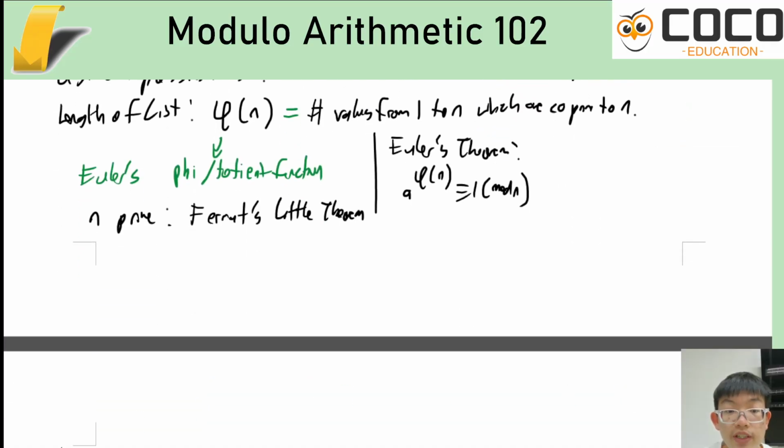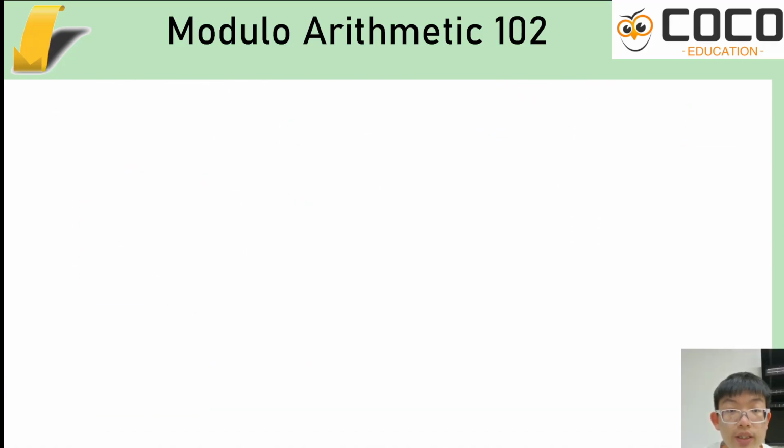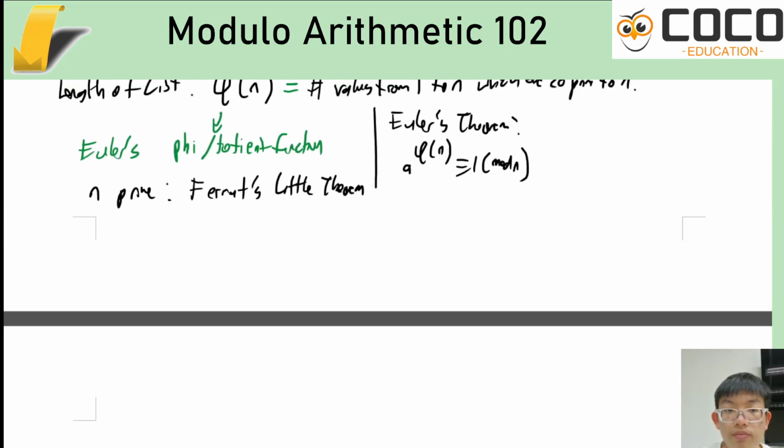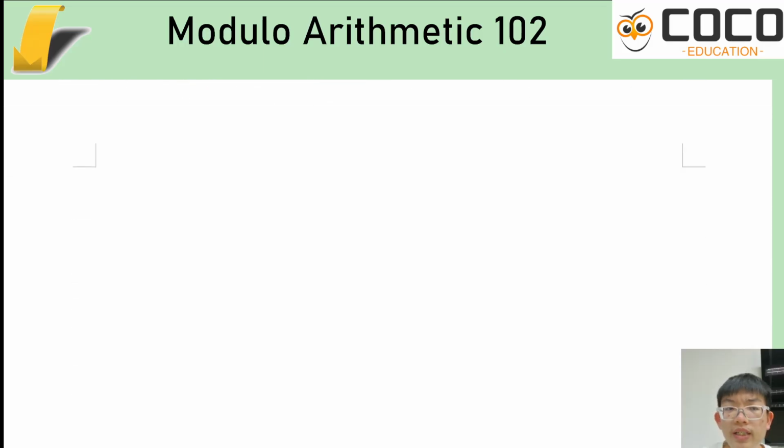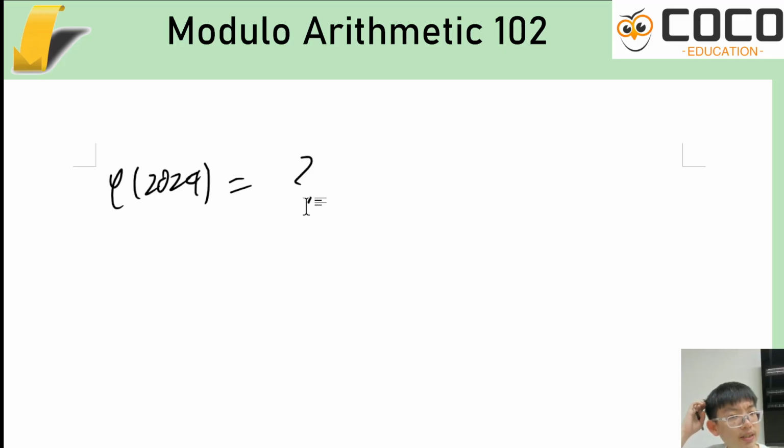Okay, now some of us would then be wondering, but what is the use when phi of n sounds really complicated, right? So what is, let's say, phi of 2024? I can't list that, can I? Well, thankfully for us, Euler's theorem is not useless because the phi function is not hard to calculate.